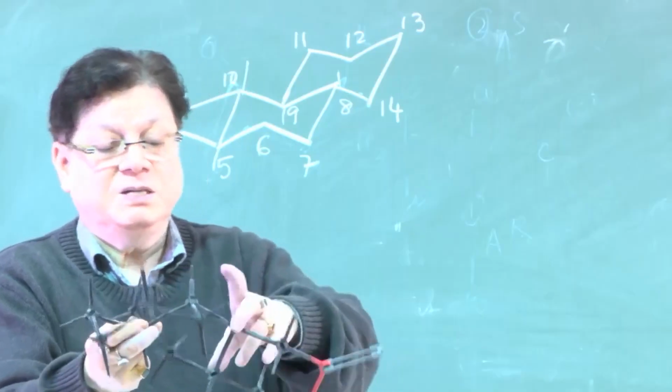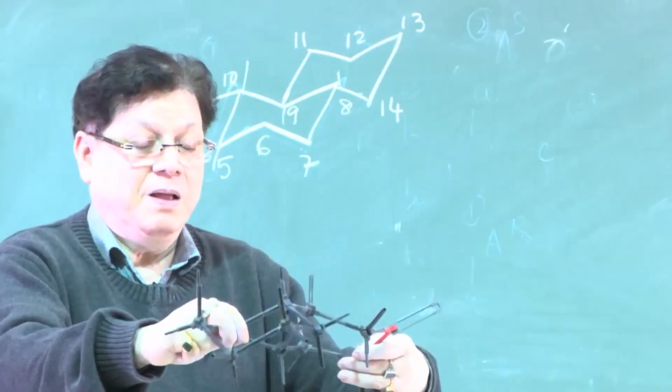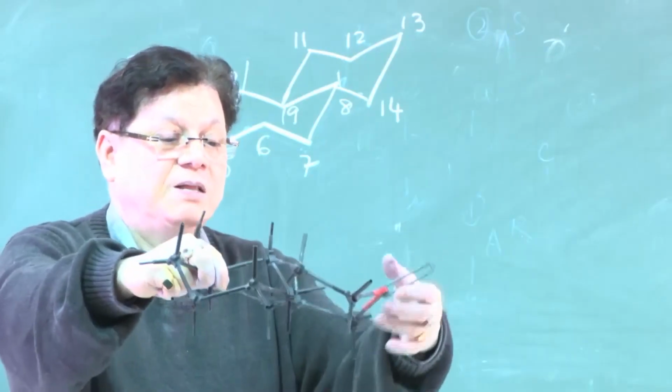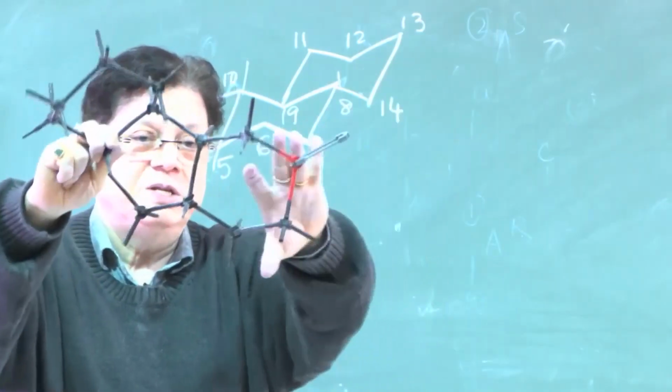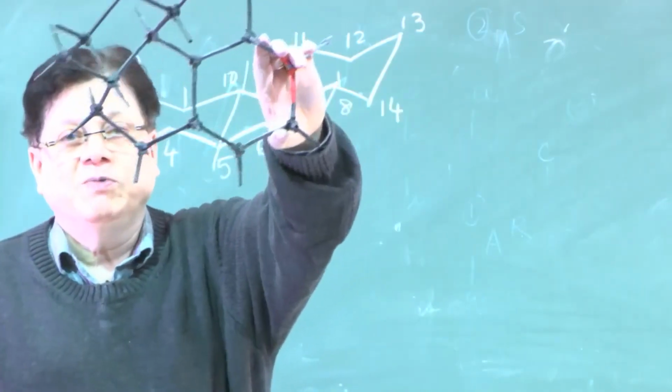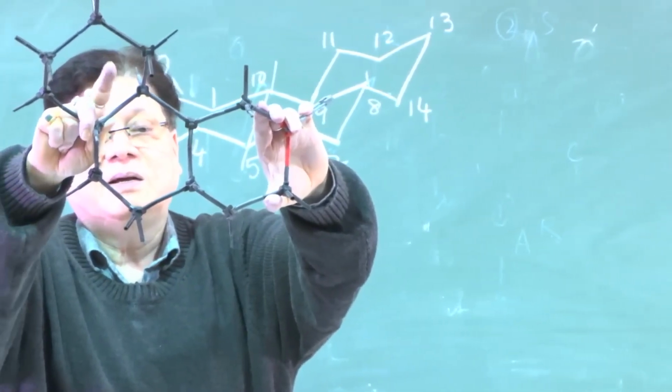This is trans, that is trans. So, we are having a perhydrophenanthrene where the carbonyl is in the 2 position. Okay. Carbonyl is in the 2 position. So, this is the A ring, again I show you very well. This is the B ring and this is the C ring.